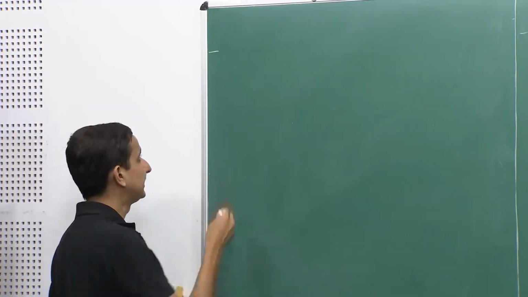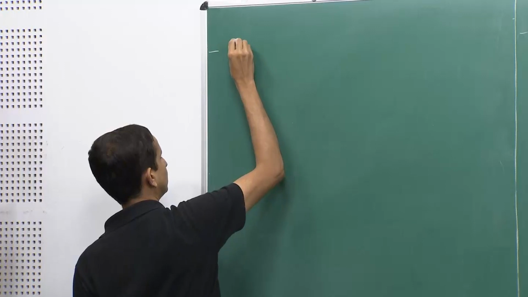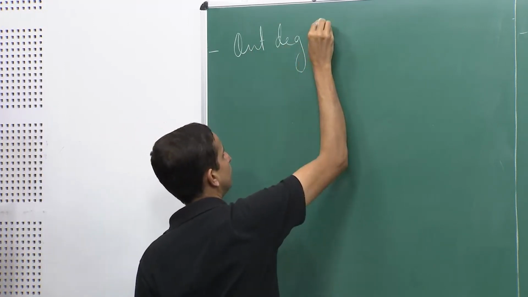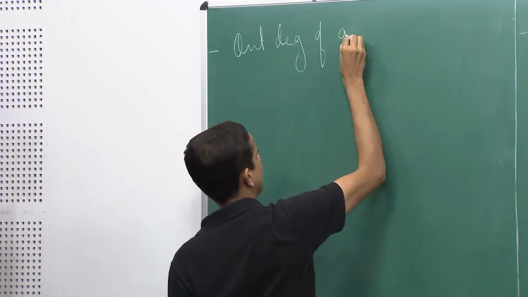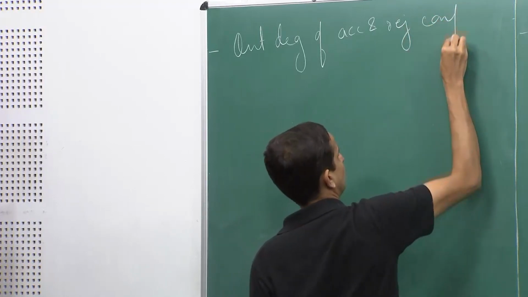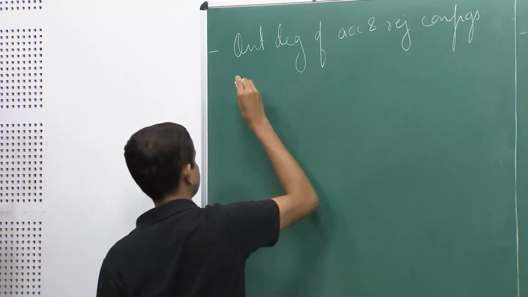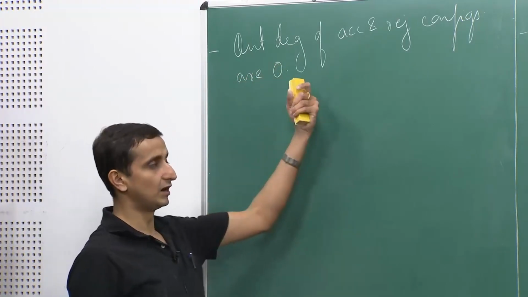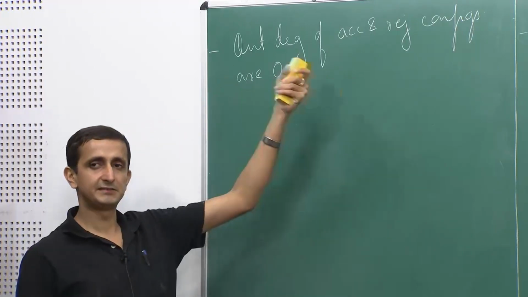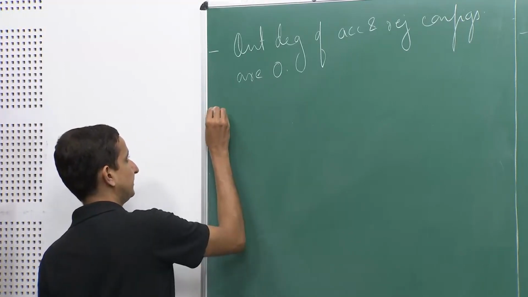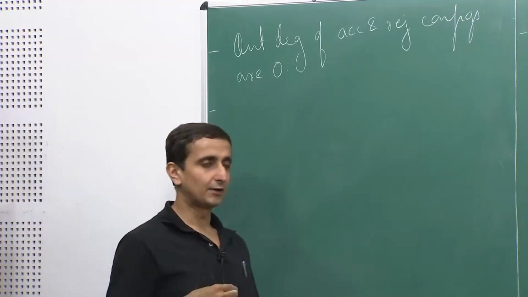Next is what I just said, that the out degree of accept and reject configurations is 0, and this is actually an if and only if. If the out degree is 0, then it is an accept or reject configuration, and the other side is what I mentioned.